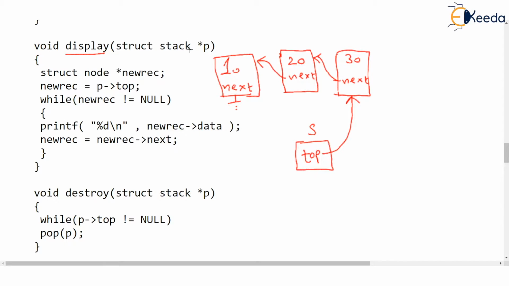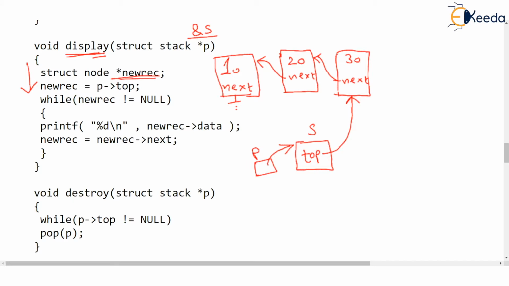Now, we always pass the address of S, as you know from the earlier examples of push and pop functions. So display is going to get the address of the stack, which is stored by a pointer called P, and P points to this S. Let's go through the display function. In this, I have again declared a temporary pointer called newrec.